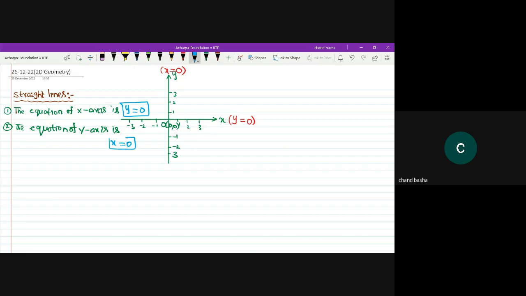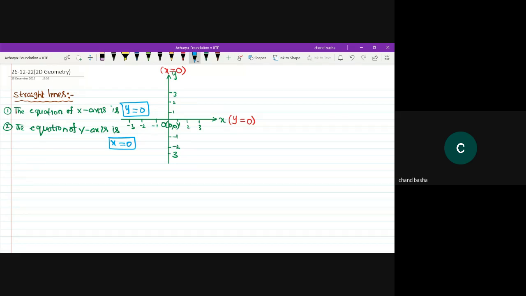So whenever he is asking, what is the equation of x-axis? On x-axis, y value 0. Equation means something equal to 0. That linear equation in one variable, two variables we have completed. That equation means something is equal to 0. On x-axis, y value 0. On y-axis, x value 0. Hope you can understand the first 2 points, guys.